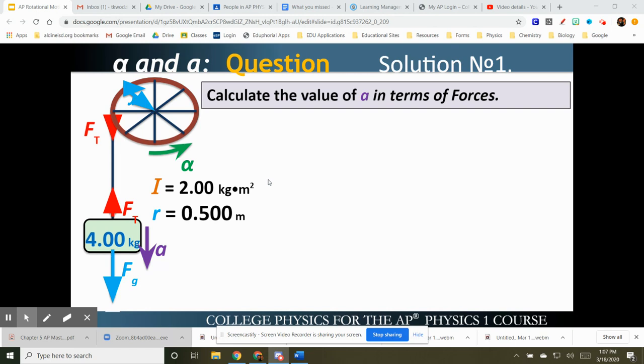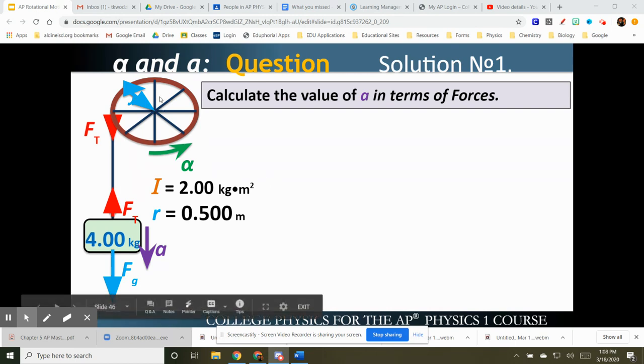So what is causing the angular acceleration of the pulley? The pulley meaning the circle, the wheel that's up here. What is causing it to spin?